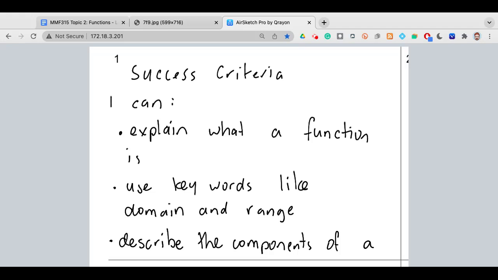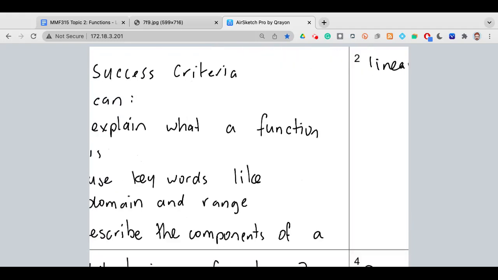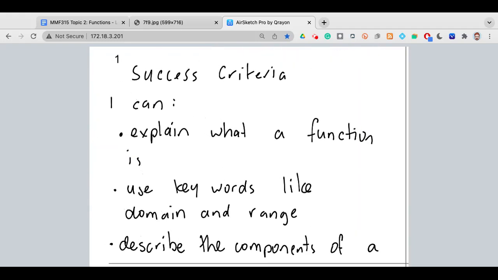I think you might even know the terminology f of x, but you could at least go y equals something. But what does it really mean? What is the function really? Use keywords like domain and range. Okay, so I'll unpack those in a second and describe the components of a linear function. So we'll finish off by looking at linear functions today.